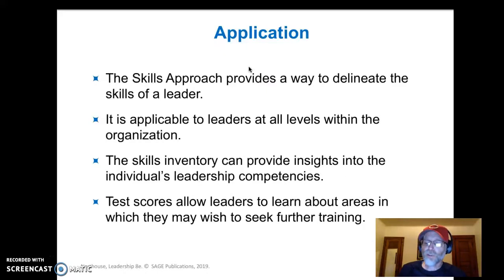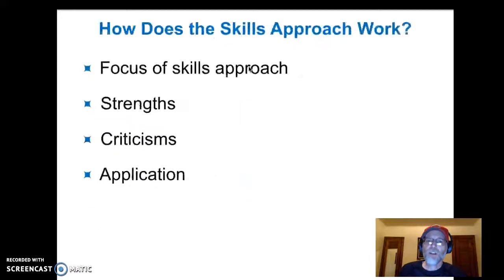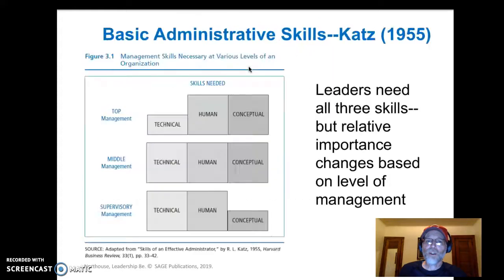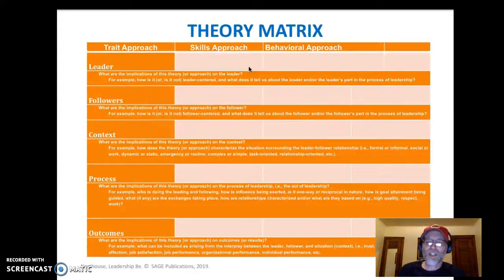But as you work through this unit this week, you will be filling out your matrix on the skills approach, you'll be posting in a discussion, and you'll also have a reflection where you get to wrestle through: is leadership more about the personality and traits, or is it more about the skills that you learn?